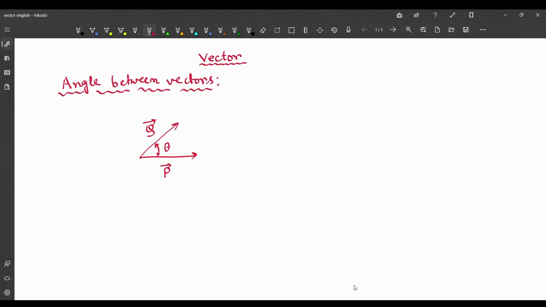If the terminal point of one vector coincides with the initial point of another vector, then extend the first vector in its direction and we get an acute angle between the two vectors. This is the angle between them.